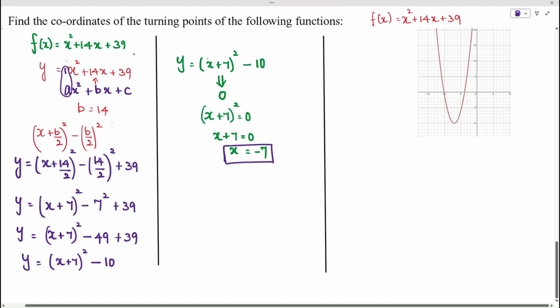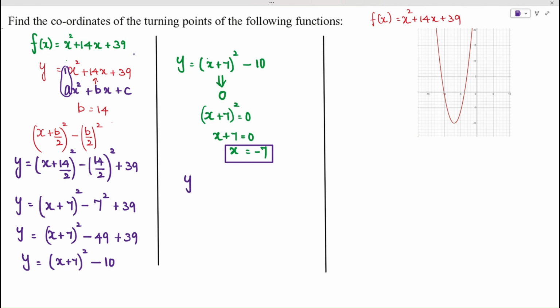So we have our x coordinate as minus 7. And our y coordinate is whatever's left behind, now that we've equated the bracket to 0. So now we have 0 minus 10 is equal to y. Y is equal to minus 10. And this is our y coordinate.